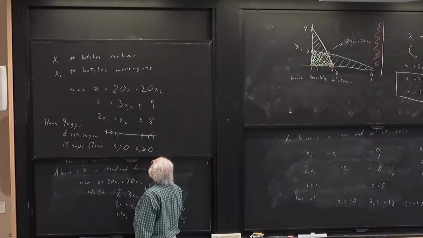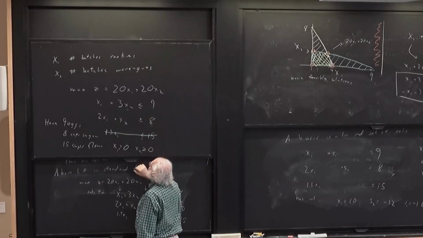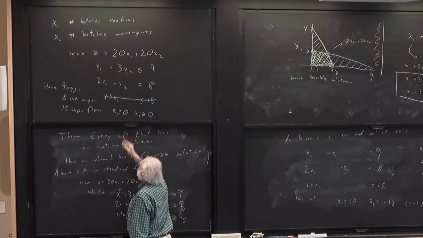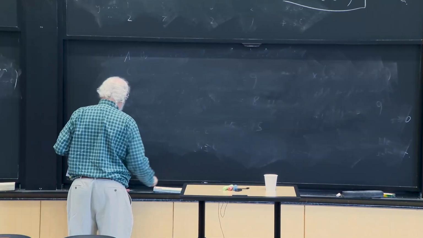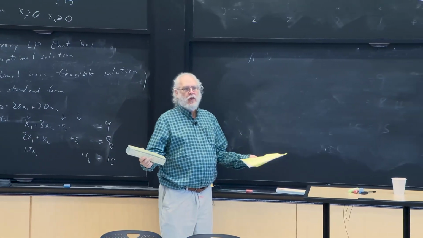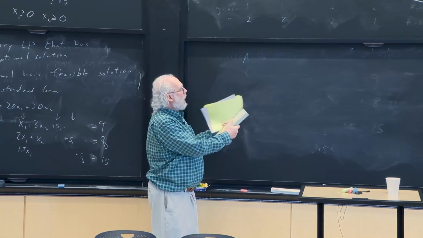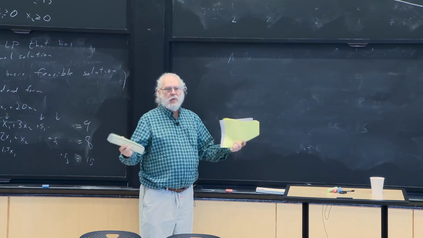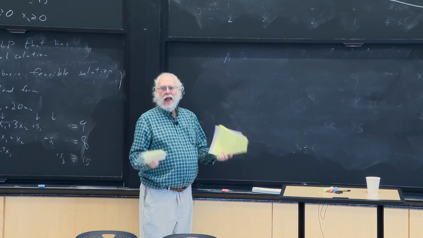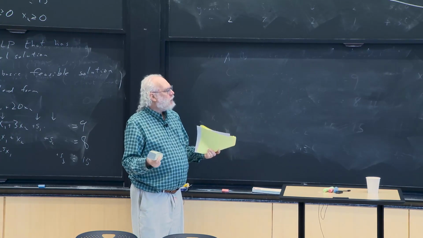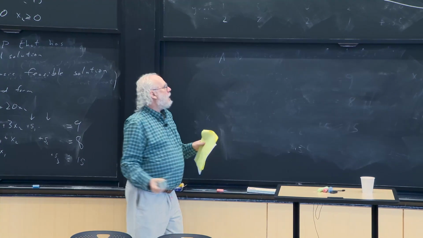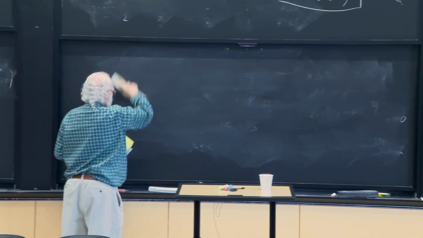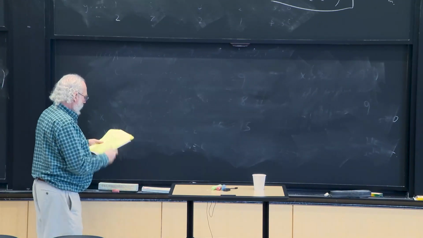It doesn't make any difference, and just look at these first two constraints. So what we're going to do is ask, how can we find a lower bound on the optimum? And how can we find an upper bound on the optimum? And then we will show that these two bounds actually will end up being equal under some conditions.